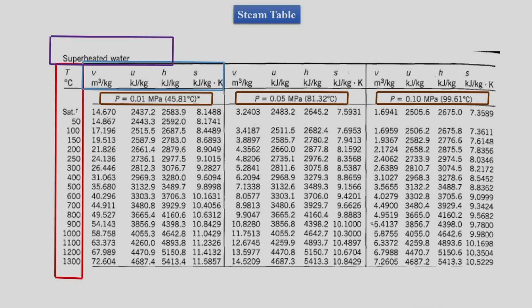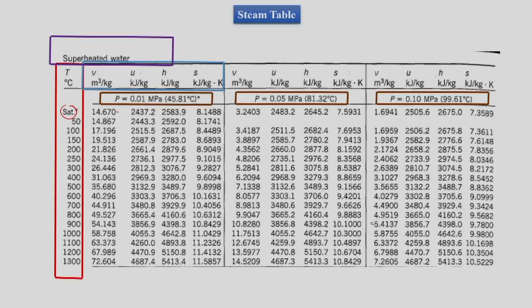In the superheated part we will have first the saturation temperature. Corresponding to the saturation temperature we are given the specific volume, internal energy, enthalpy and entropy, but these are also there in the saturation pressure or saturation temperature part.